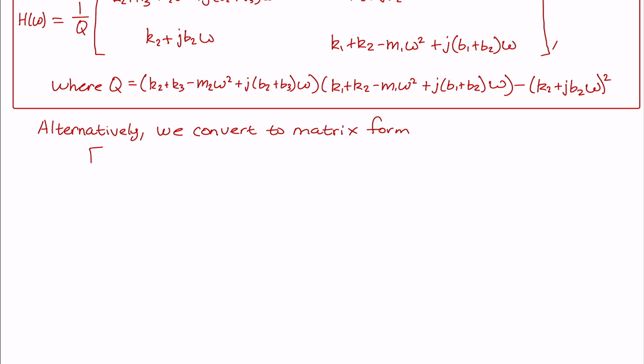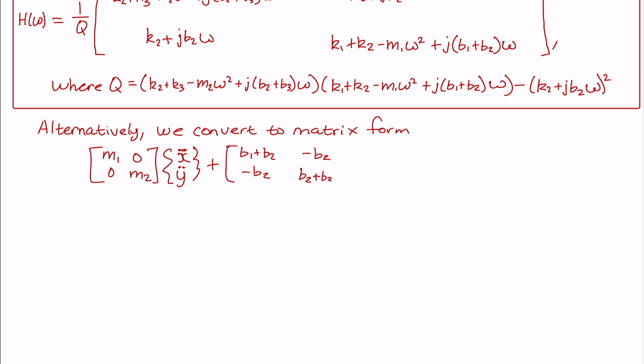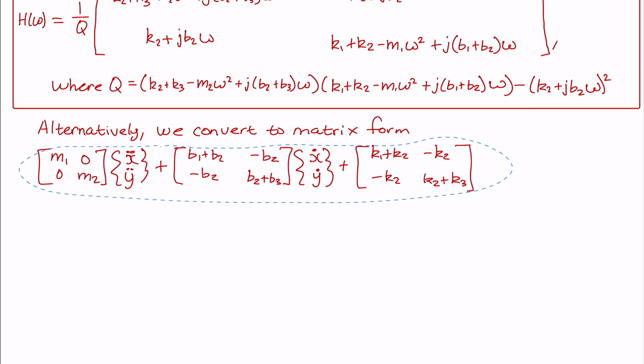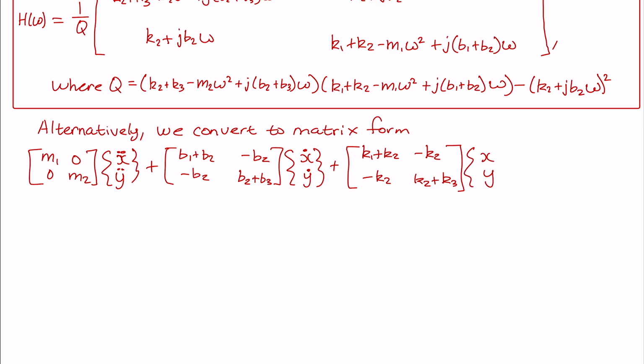This will give us our equation: M1, 0, 0, M2 times x double dot and y double dot, plus B1 plus B2, minus B2, minus B2, B2 plus B3, multiplied by x dot and y dot, and then plus our stiffness matrix K1 plus K2, minus K2, minus K2, K2 plus K3, times x and y, is equal to our forcing vector f1 of t, f2 of t.